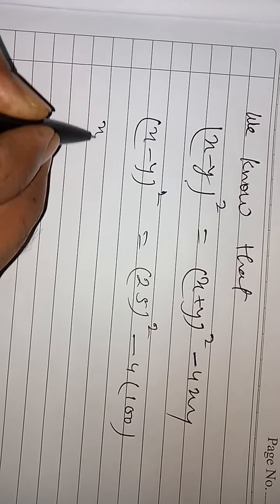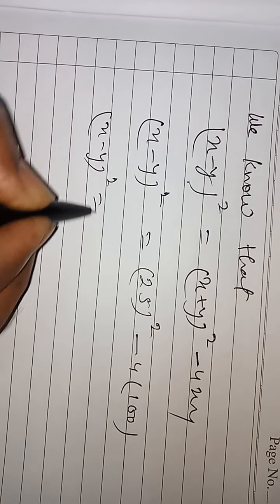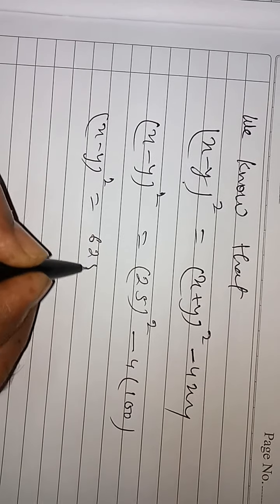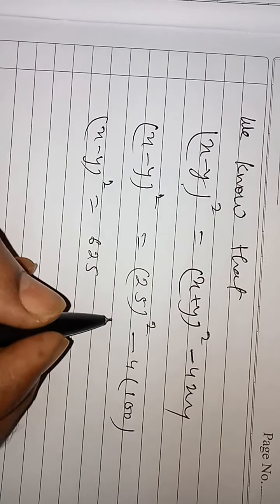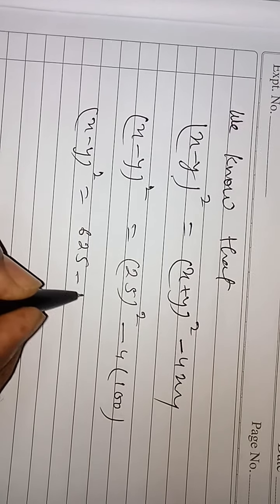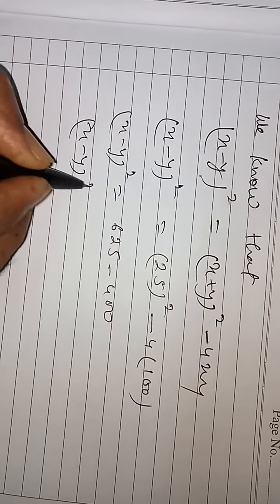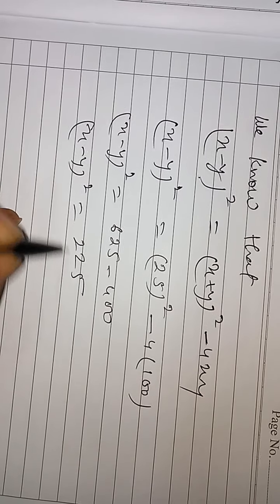So (x - y)² = 625, because the square of 25 is 625, minus 400. So (x - y)² = 225.